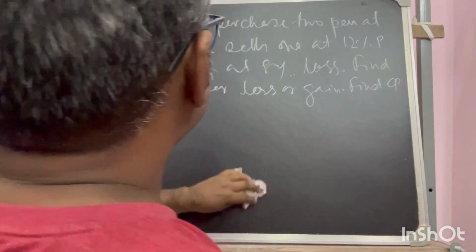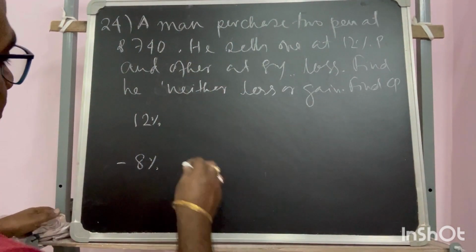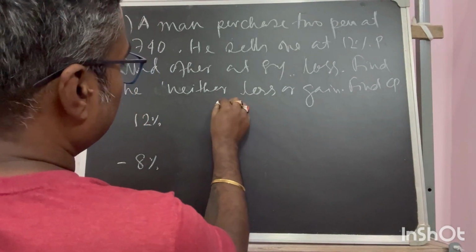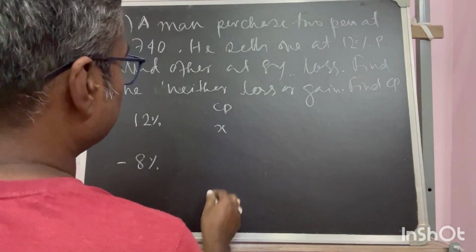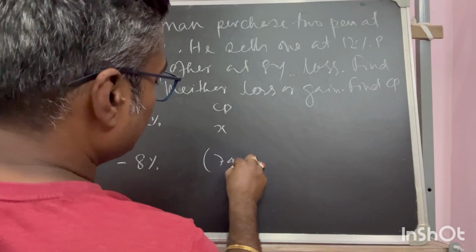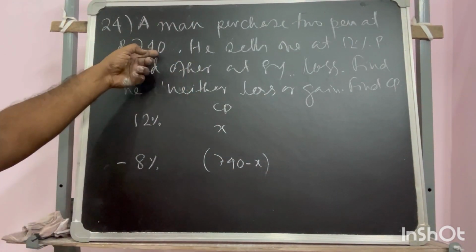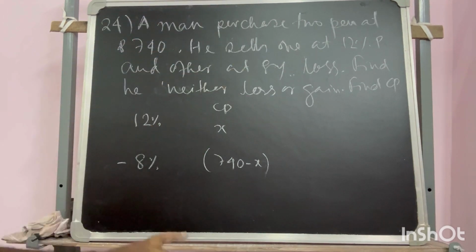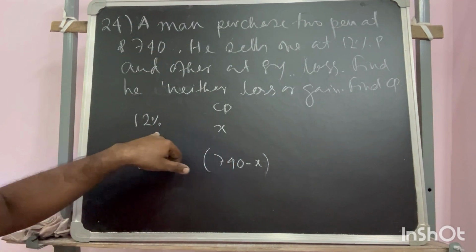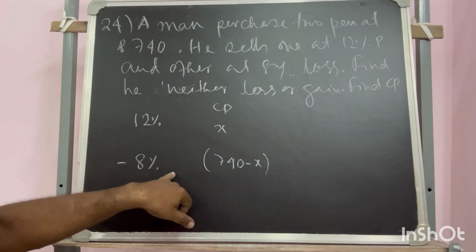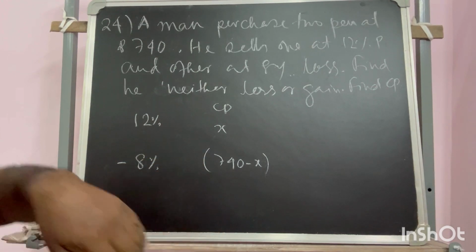He is making a profit on it, so I am saying the cost price is X for the first case, and the other is 740 minus X, because he is spending this much on buying them. For the first case he is getting 12% profit, and 8% loss for the second one.